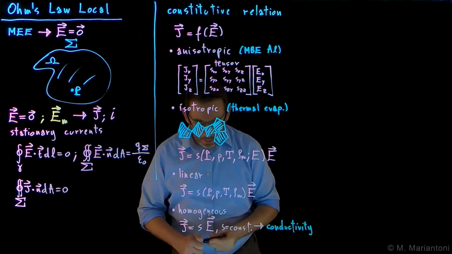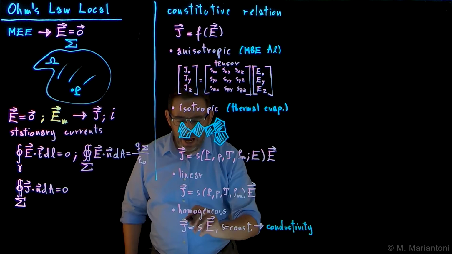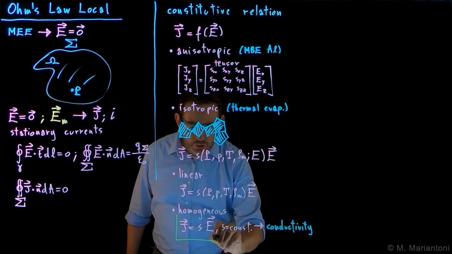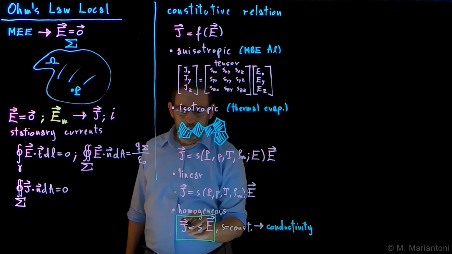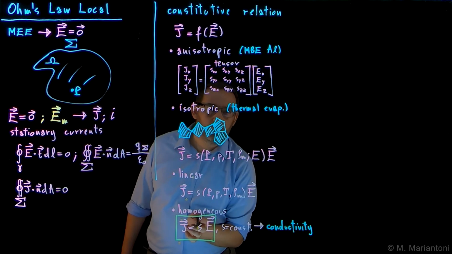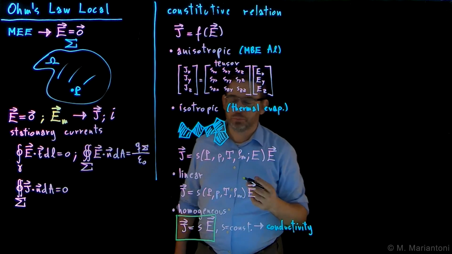Electrical conductivity. Okay, so this expression down here is Ohm's law in local form, where the relationship between J and E is just this proportionality constant S, which is the conductivity.